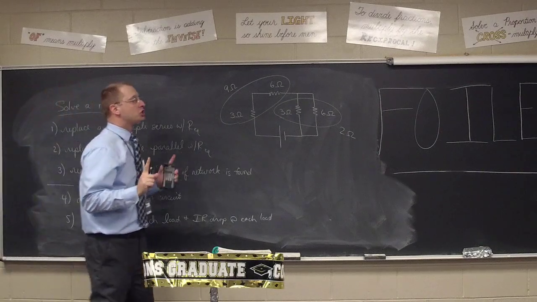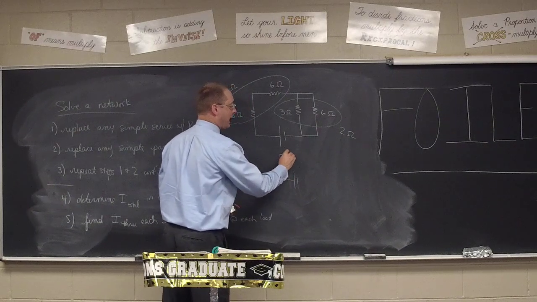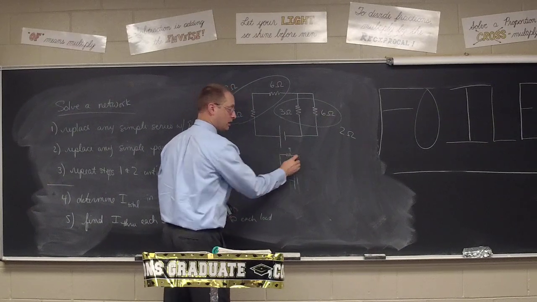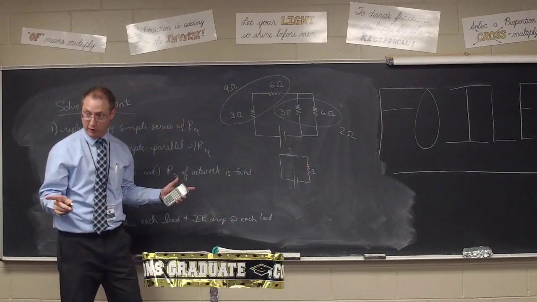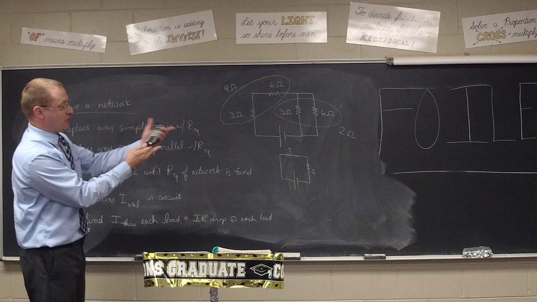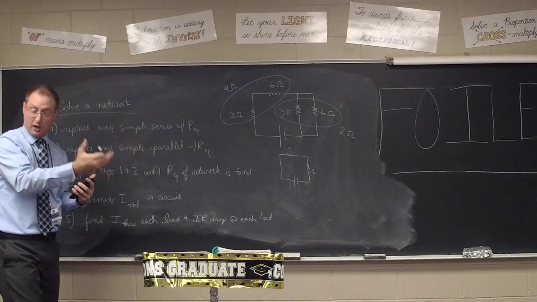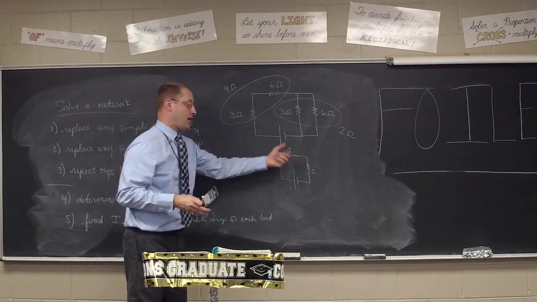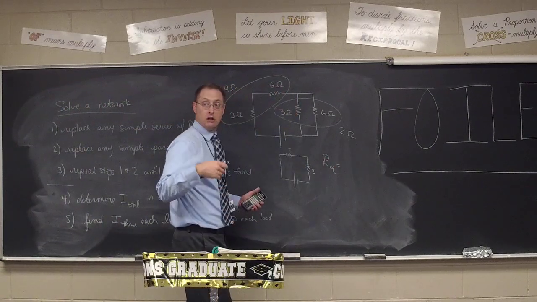Now, if I were to redraw this, and you don't necessarily have to, but does everyone see that I would have a single 9 and a single 2 if I were to redraw it? So what's true about the 9 and the 2 now? They are in series again, aren't they? So I would just add those together to get an equivalent resistance, class, of 11 ohms.